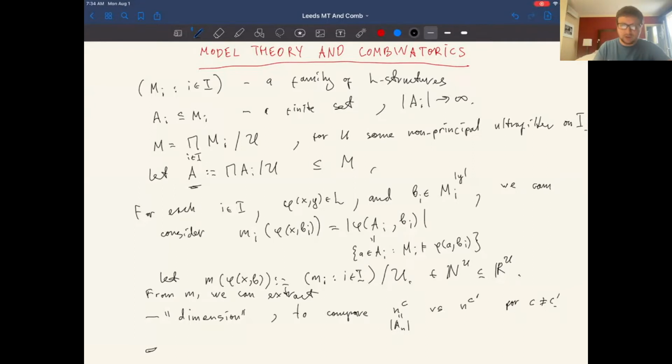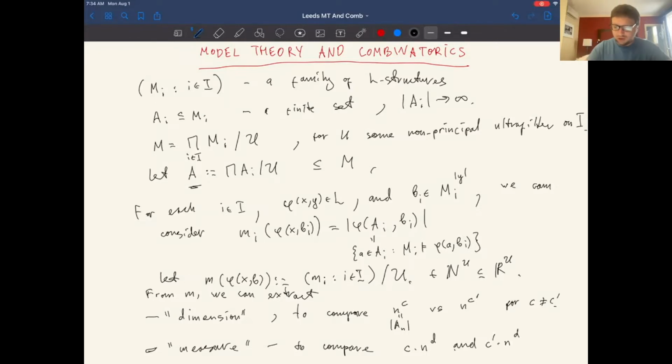Or we can talk about sets of the same scale. This corresponds to measure, and this is the topic of today's talk. This is when we want to compare sizes of roughly the same scale at the level of the exponent, but where the constant is different. So here we want to compare sets of the form c times n to the fixed power d and c' times n to the power d.